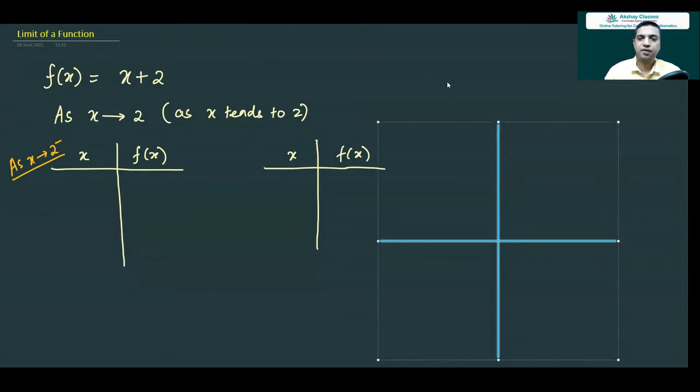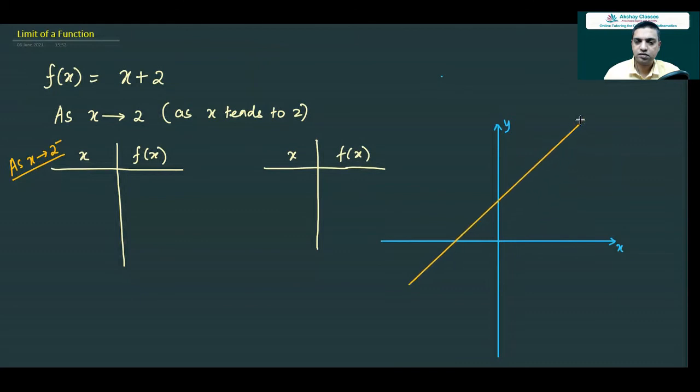This is the graph of the function. So this is the line y equal to x plus 2, or f of x is equal to x plus 2.